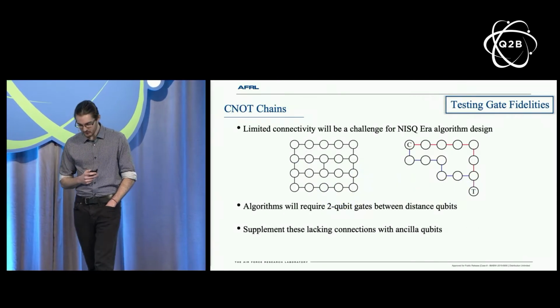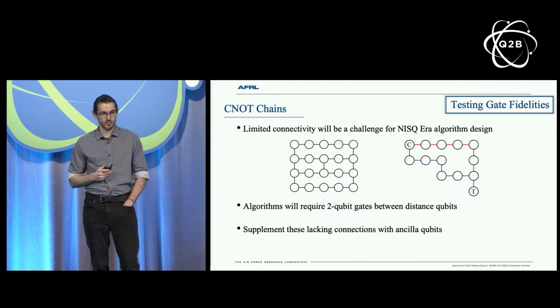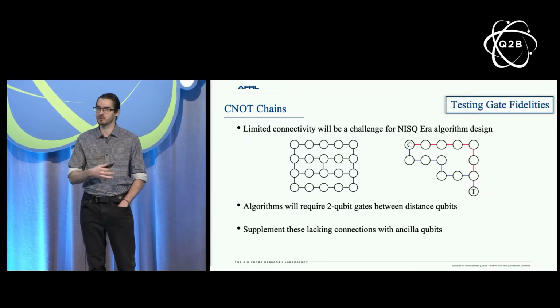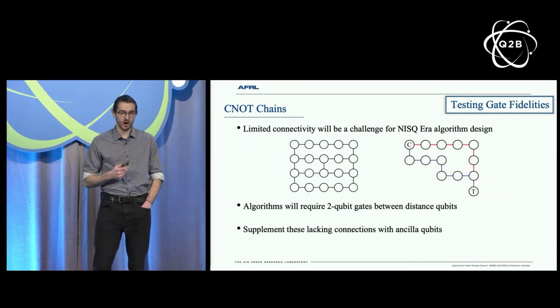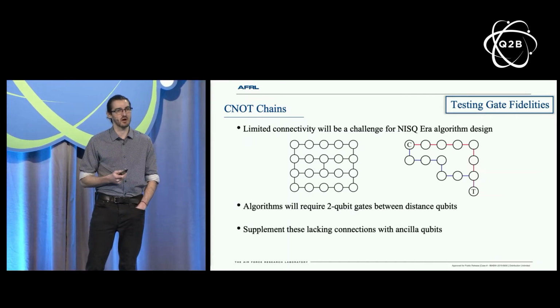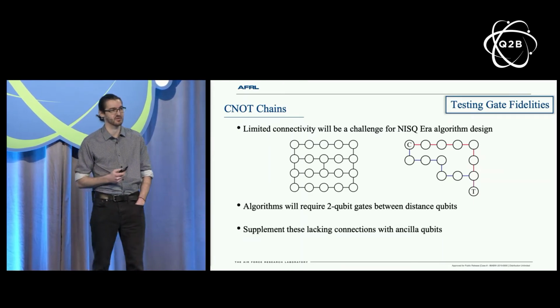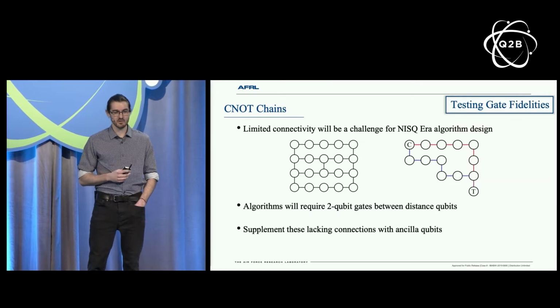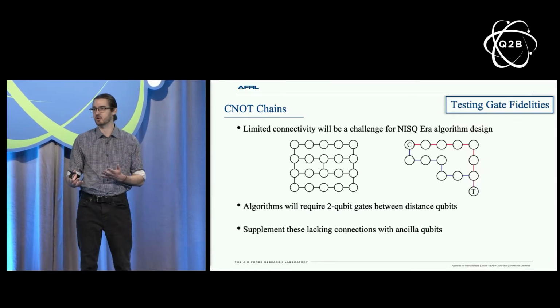Okay, so the next thing is gate fidelity. And gate fidelity is a big issue, single and double gates. And in particular, our approach was we wanted to see how good C naughts were. Because C naughts are the real workhorse of most algorithms. And when it comes to algorithm design, you've got this chip, but they're not all interconnected.